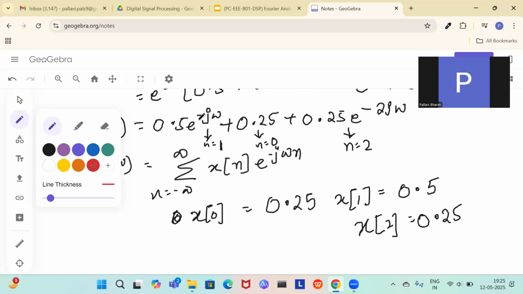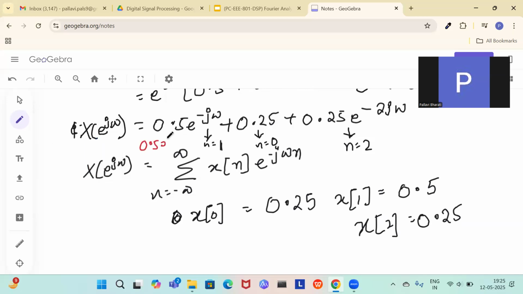Here you can write this as 0.5 e to the power minus j omega 1. This can be written as 0.25 e to the power minus j omega 0. And this can be written as 0.25 e to the power minus j omega 2. So this is the value for x of 2, this one is for x of 0 and this one is for x of 1. And you've got the signal.